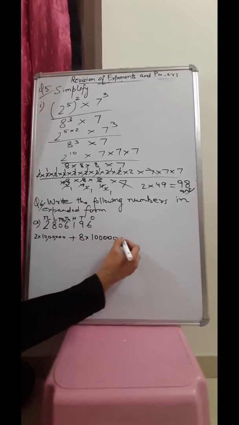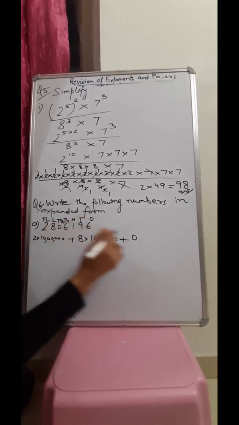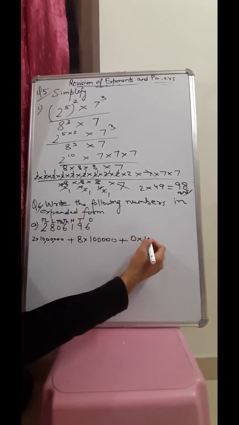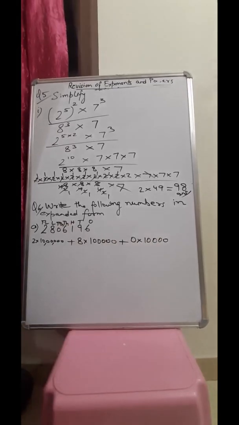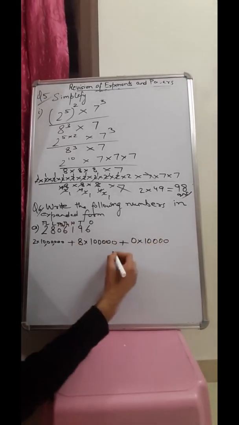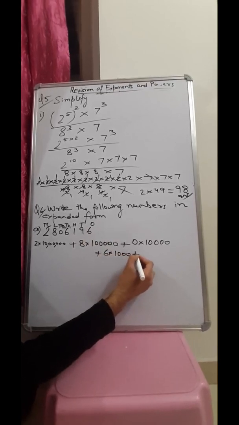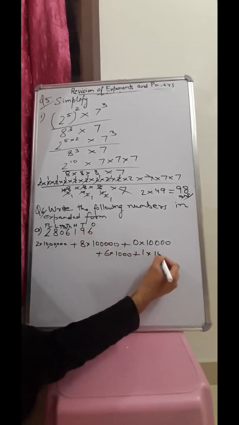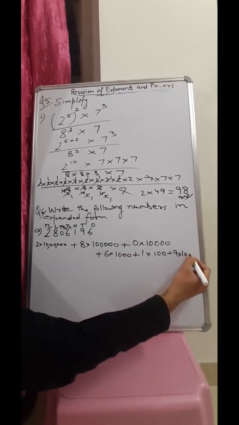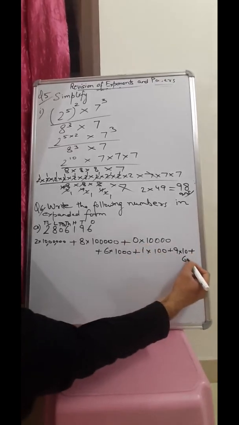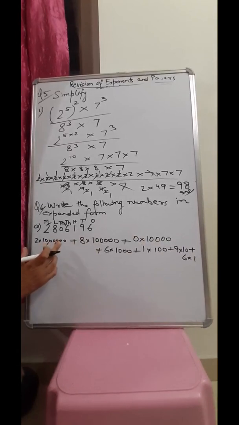In 1 lakh, 5 zeros will come, plus 0 into 10,000, plus 6,000 means 6 into 1000, plus 1 into 100, plus 9 into 10, plus 6 into 1. So now I have written this in expanded form.